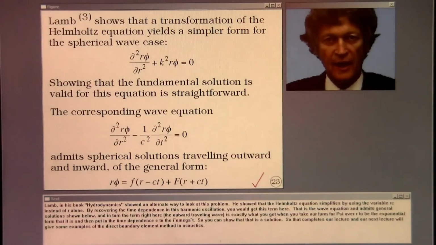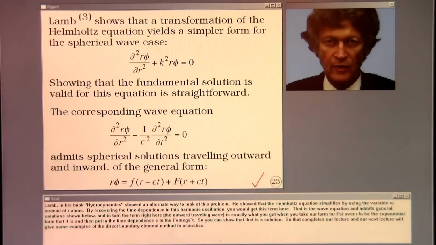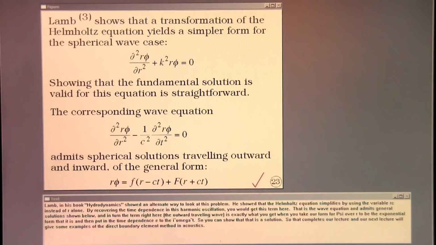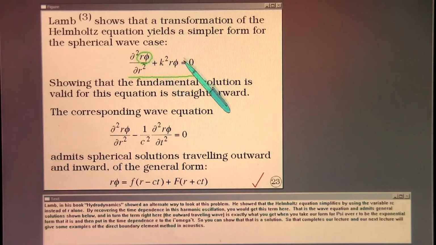Lamb, in his book Hydrodynamics, showed an alternate way to look at this problem. He showed that the Helmholtz equation simplifies by using the variable r phi instead of r alone. By recovering the time dependence in this harmonic oscillation, you would get this term here.